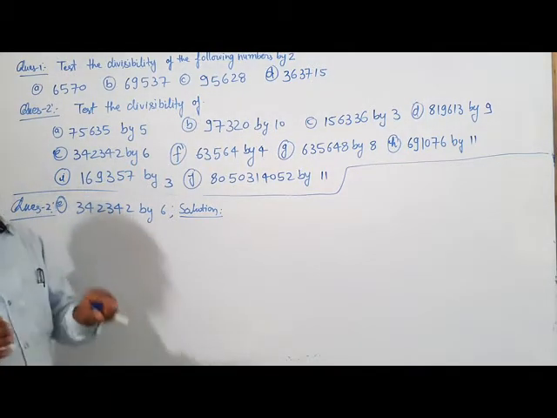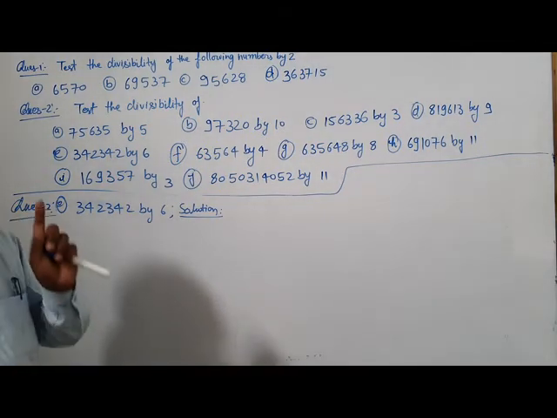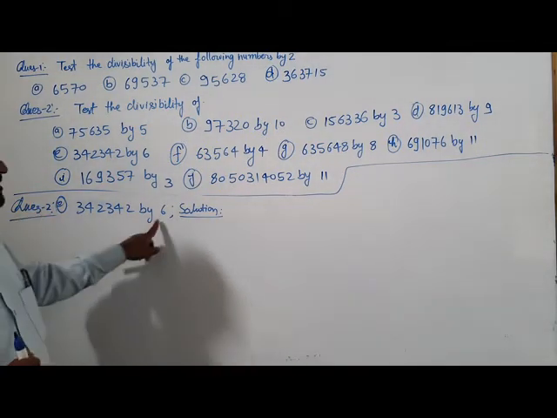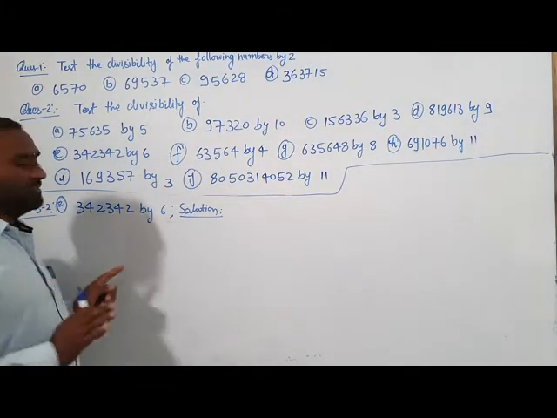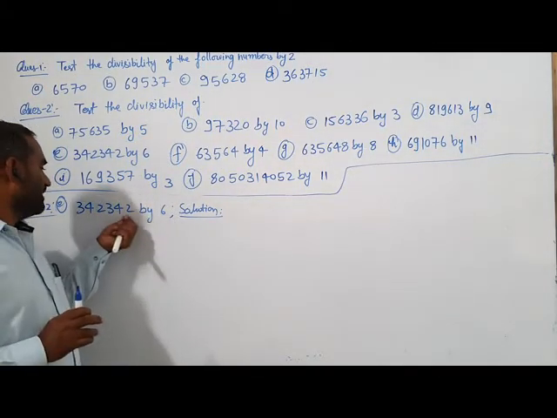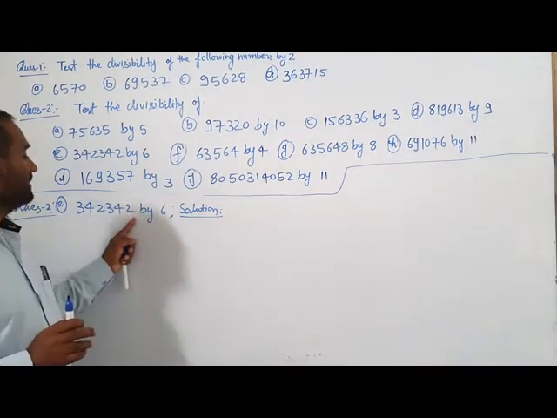If any number is divisible by 2 and also divisible by 3, then it will be divisible by 6. So first we test the divisibility by 2. The unit place of this number is 2, so it is divisible by 2.